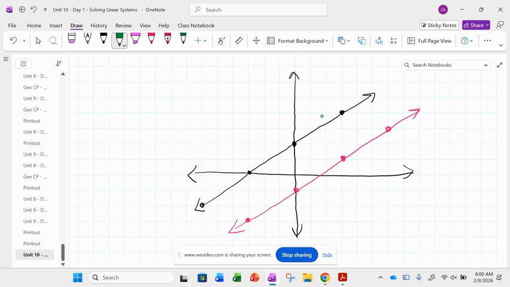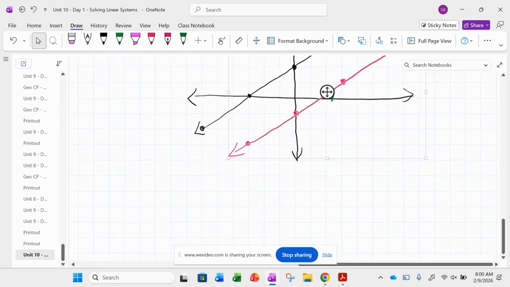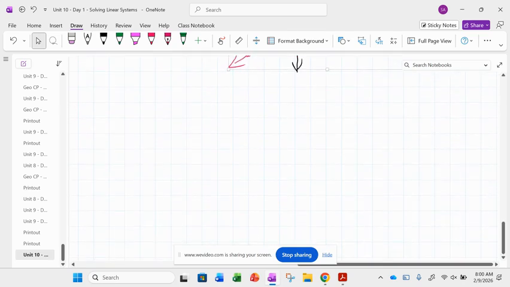All right, and as we can see, these lines are parallel. Okay, next one.